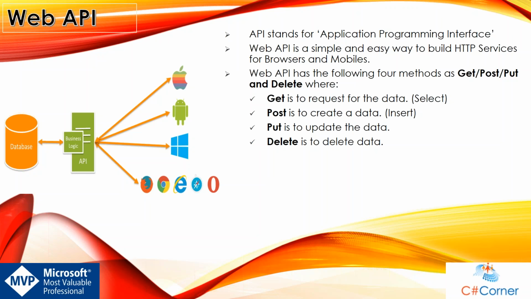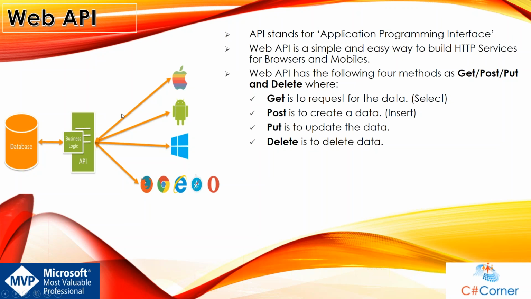Get is to select the data from the database, post is to insert the data, put is to update the data in the database, and delete is to delete the data from the database. With the web API we map the data from the database, and we bind the result in our Angular 2 ASP.NET Core application. We will see how to create a web API in our ASP.NET Core application when we start our demo.